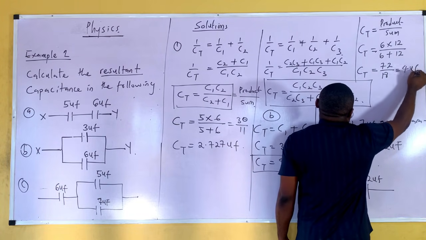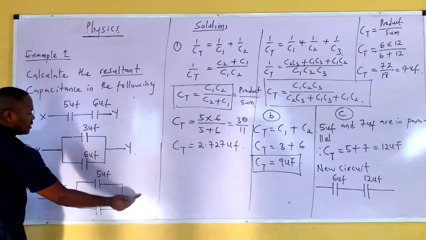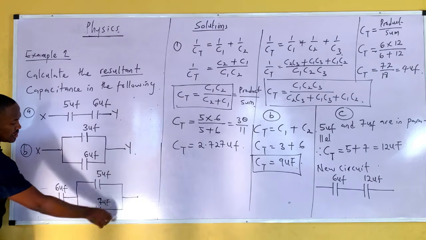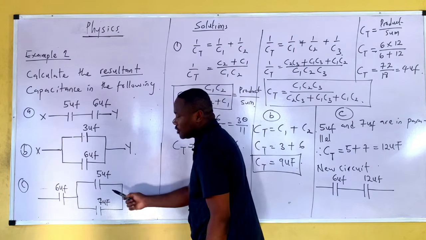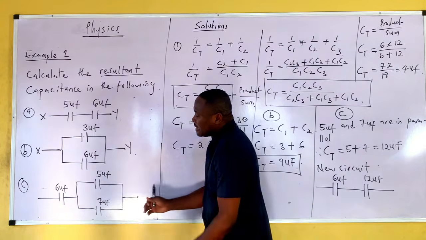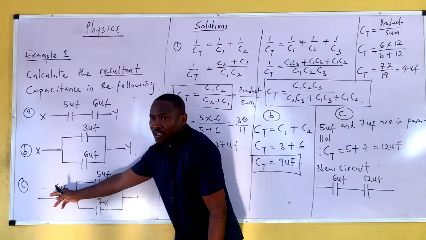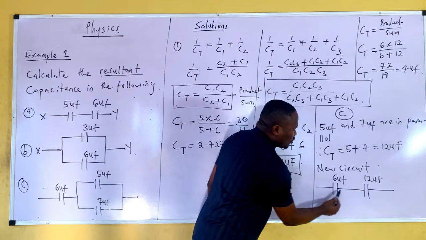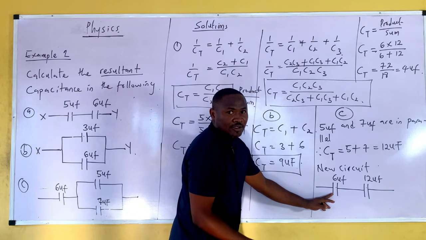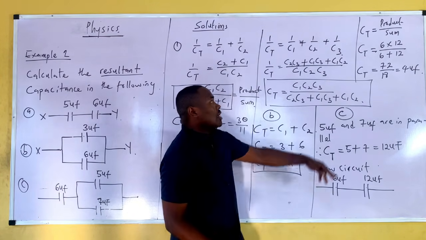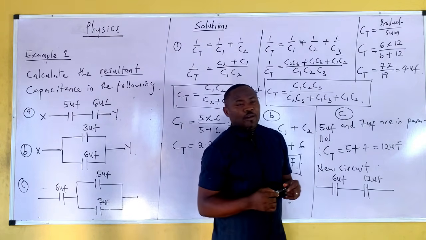The answer is 4 microfarad. So the resultant capacitance in this circuit is 4 microfarad. How did I solve it? I first did these two as parallel, then had a new circuit where these two are combined with this one in series. So what is here is what will also be here in terms of charge. So this is a series connection, and to solve series we said product over sum, and that's how we got 4 microfarad.